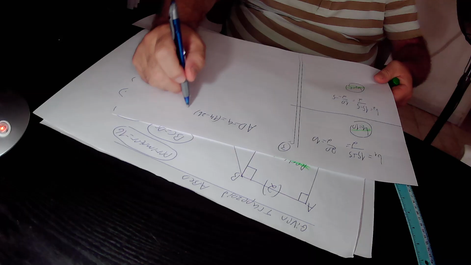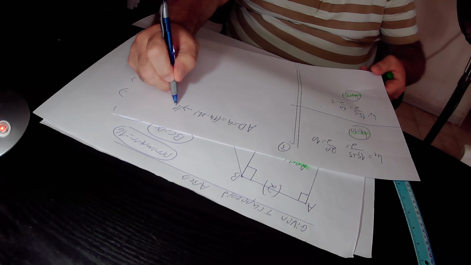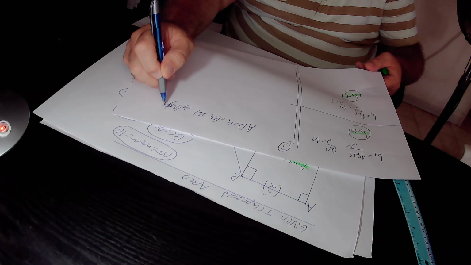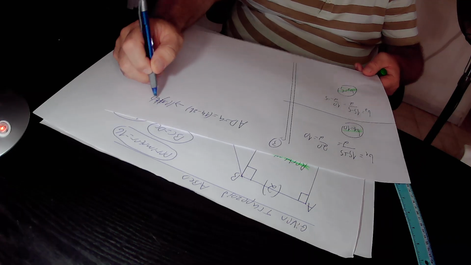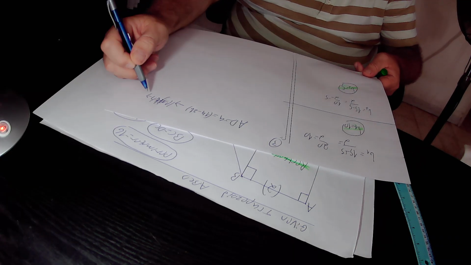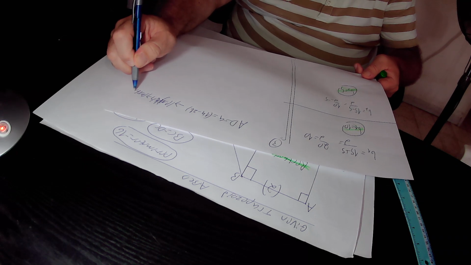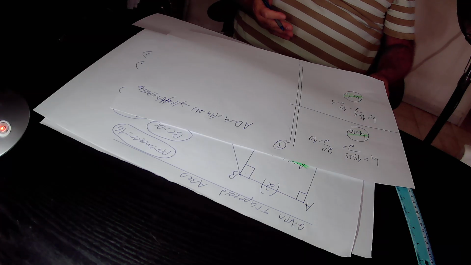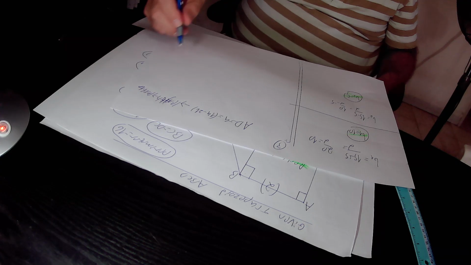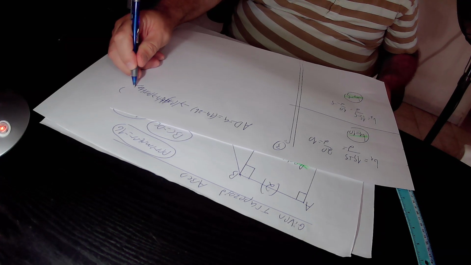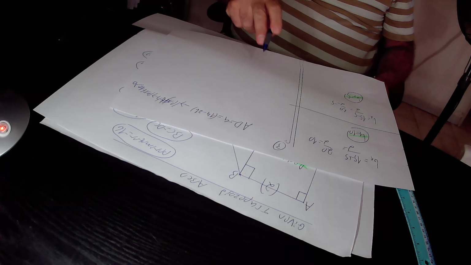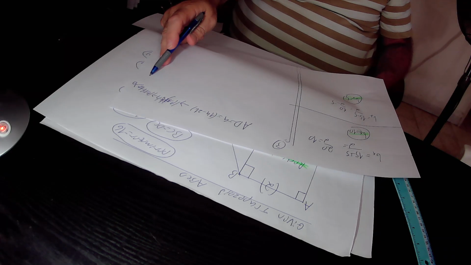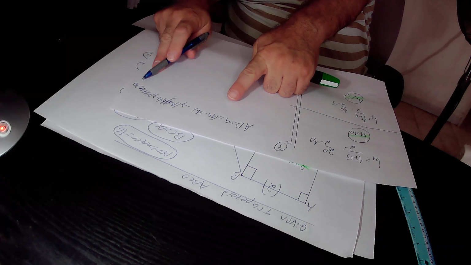But the length must be a positive number. What is a positive number? A positive number is a number that is greater than 0. So we can write here that it must be greater than 0. And from this inequality, we derive that 14 minus 2b is greater than 0.